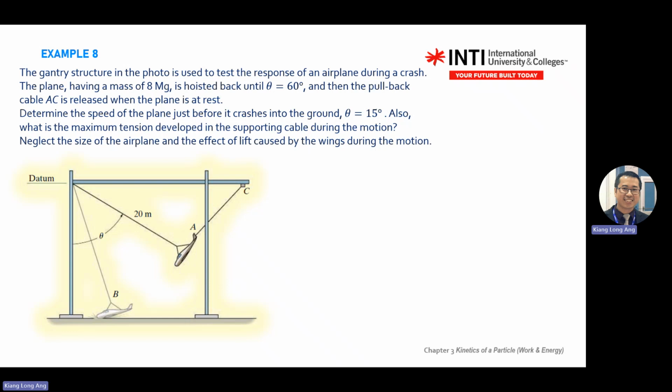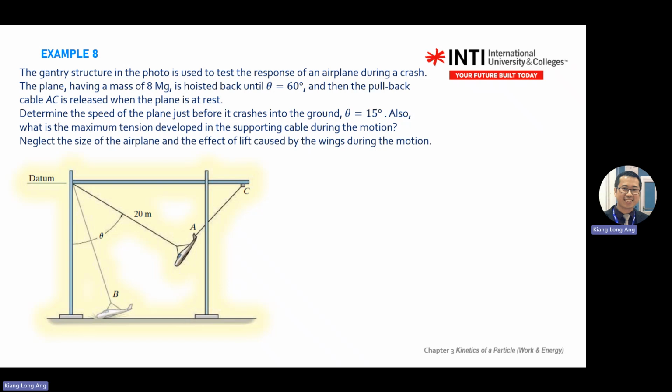All right. So it asks you to determine the speed of the plane just before it crashes into the ground at 15 degrees. Also, what is the maximum tension developed in the cable during the motion? Tension is force.